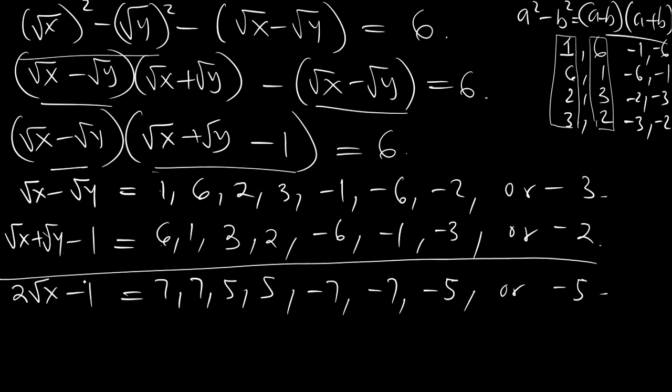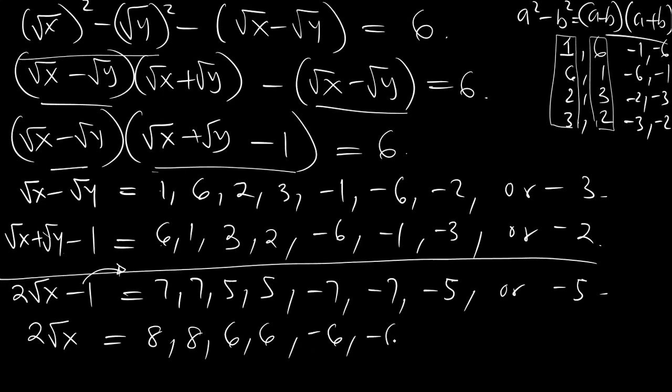Now, if you move this minus 1 to the other side, you have 2 root x equal to 8, 8, 6, 6, minus 6, minus 4.